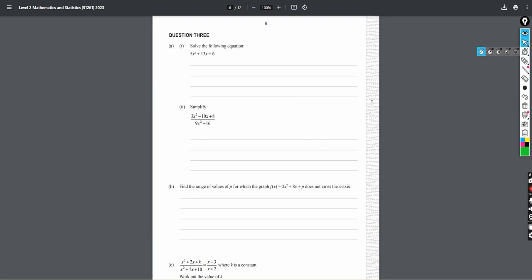Solve the following equation. Well, how do they want you to do this one? Does it factor nicely? Let's do one for the old ages. Let's see if it factors nicely.